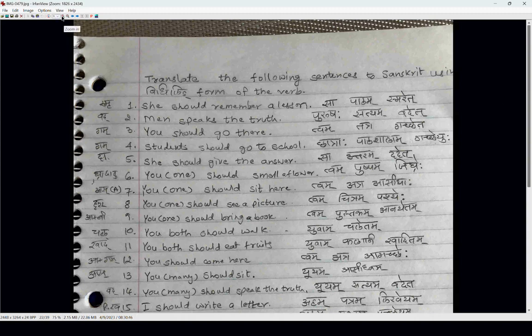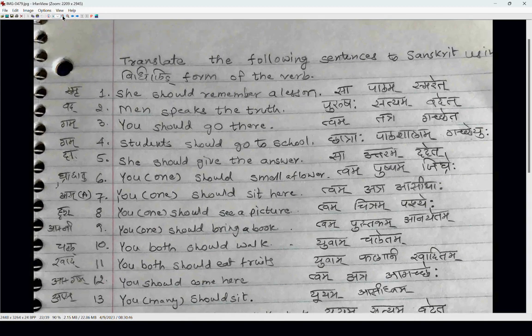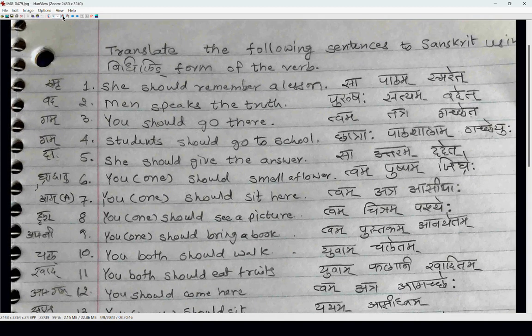Yeah. Can you please read it, Rajeshri? She should remember a lesson. Sa patham smaret. Next one. Man speaks the truth. Purushah satyam vadet. You should go there. Tvam tatra gacchet.